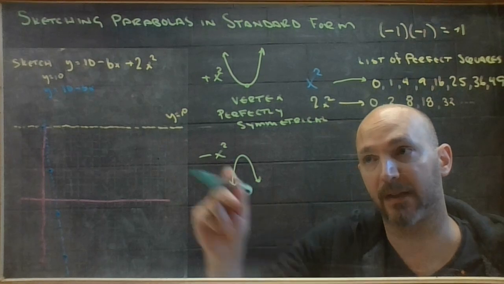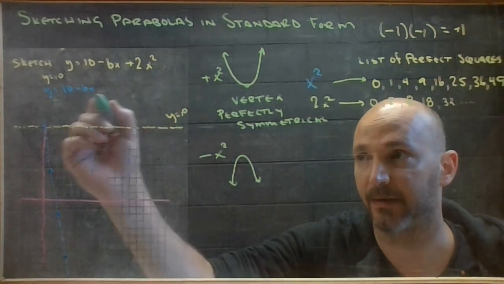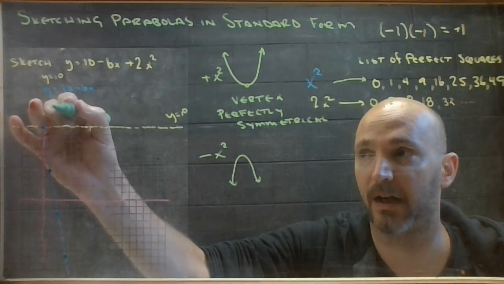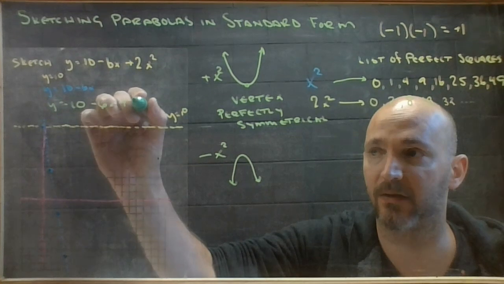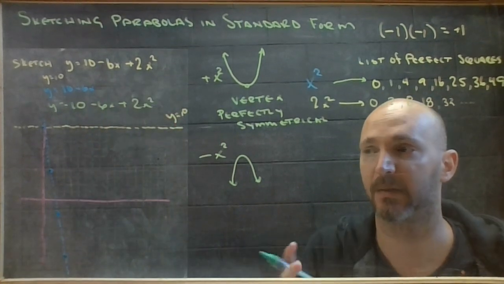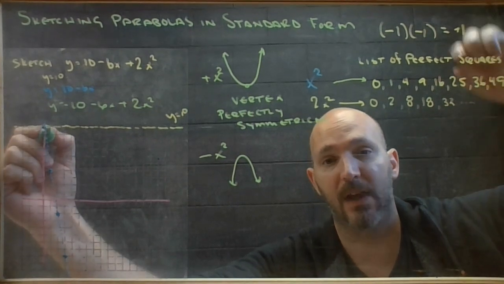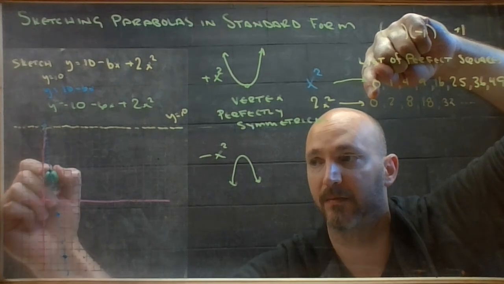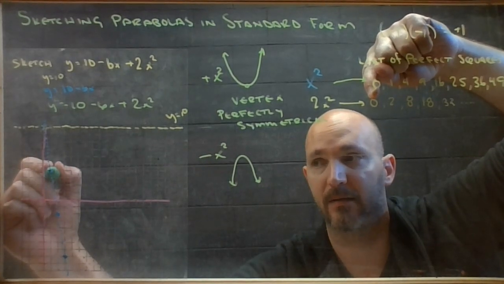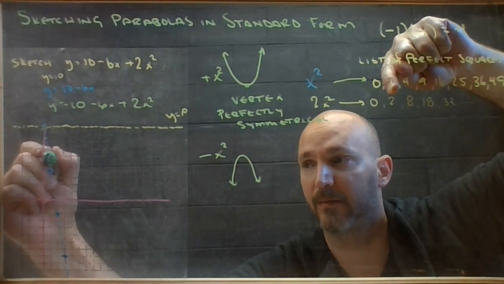And now I'm going to have to add these doubled x squared values. So y is 10 minus 6x plus 2x squared. So no steps from the y-axis, I'm adding 0. I'm here. Next dot, I'm going to have to add 2. 1, 2.